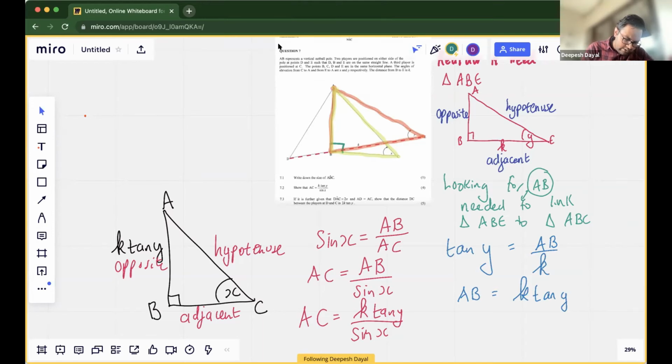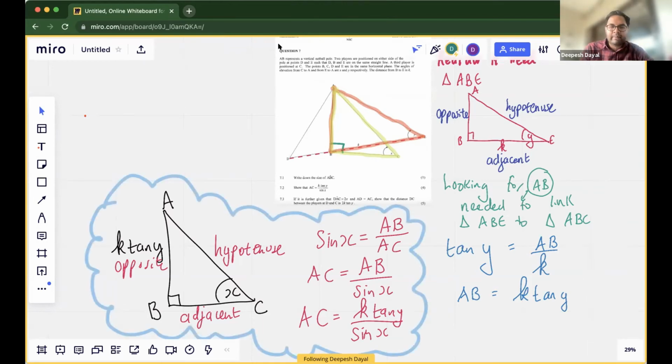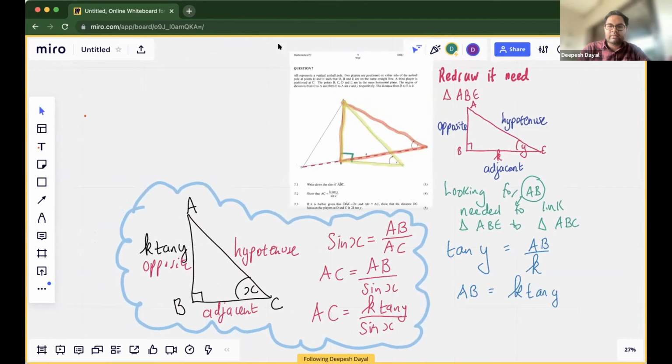Are there any questions from anybody regarding this? So we did two parts, right? We did first triangle ABE, and then we did triangle ABC.